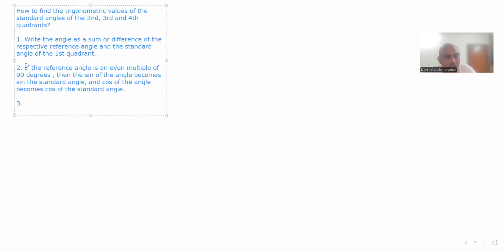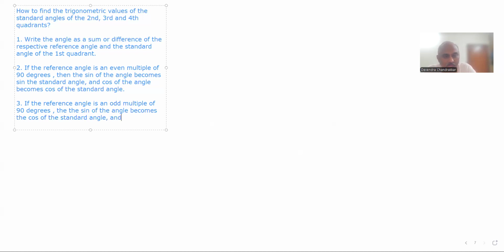Third, this is if the reference angle is an odd multiple of 90 degrees, then the sine of the angle becomes the cos of the standard angle.